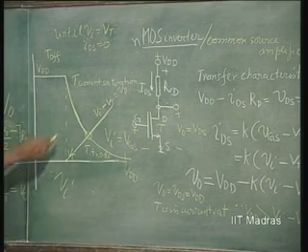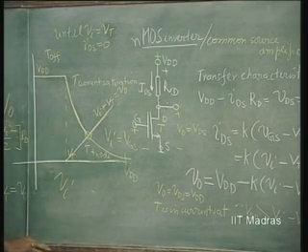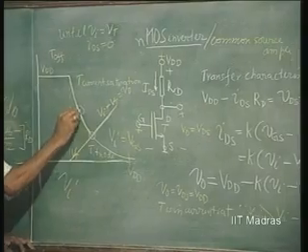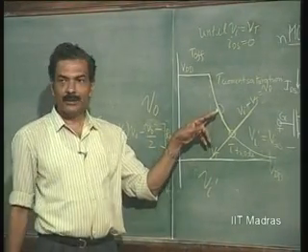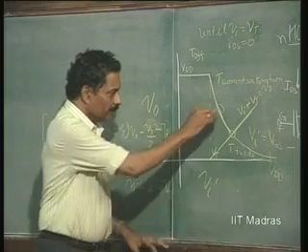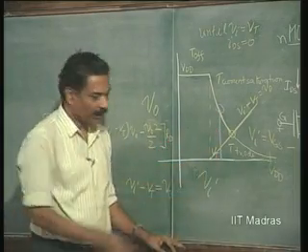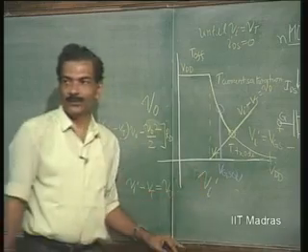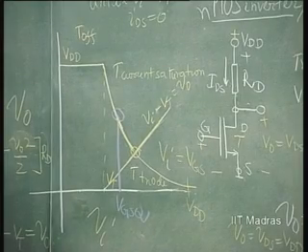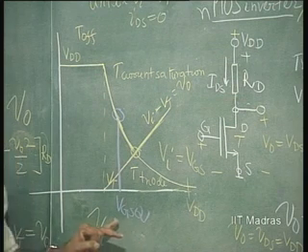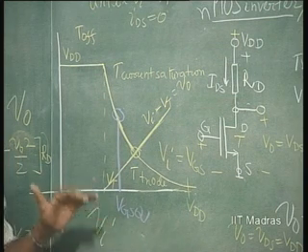We can operate this anywhere in the region, let us say somewhere here. How do I operate it? I will make this my VGS quiescent. This Vi is same as VGS. So, I will make this VGS quiescent.